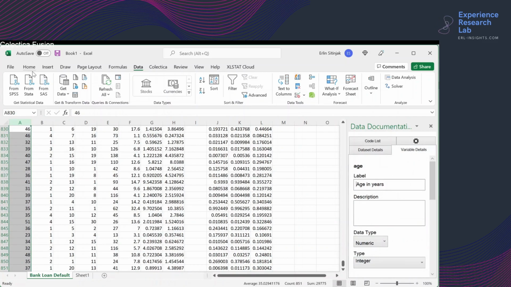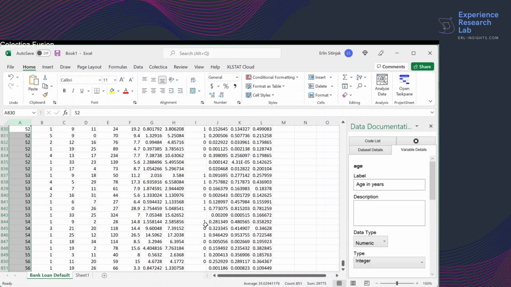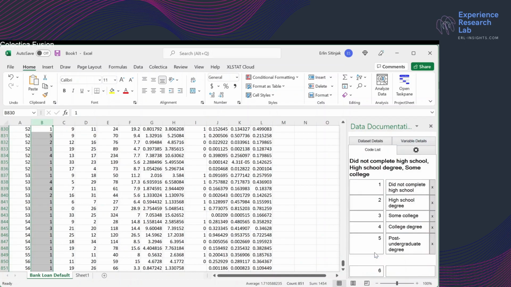If I go to home and sort the values from smallest to largest, I can see there is no row with empty cell here. Column B is for level of education. It has several values coded as 1 for did not complete high school, 2 for high school degree, 3 for some college, 4 for college degree, and 5 for post-undergraduate degree.